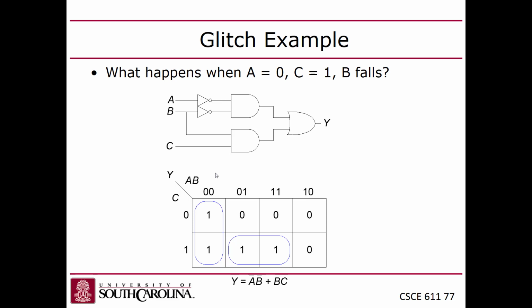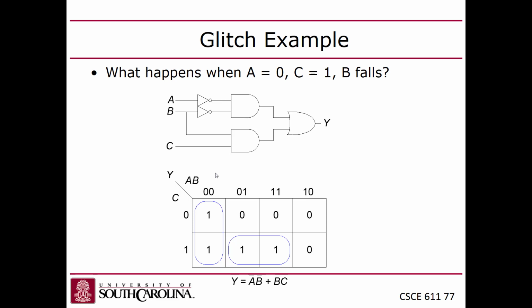But then if I drop B, if I transition B from 1 to 0, it's going to flip this guy, and it's going to flip this guy. But the problem is that it's going to flip this one first. So this guy is going to go from 0 to 1. This guy is going to go from 1 to 0. Now the OR gate is going to be sitting here looking at these two guys, and it's going to see 0, 1 coming in originally before the change.